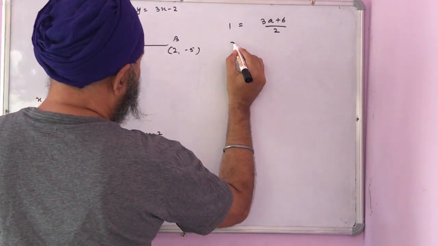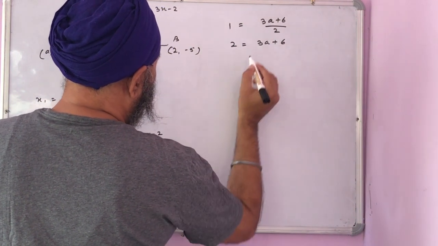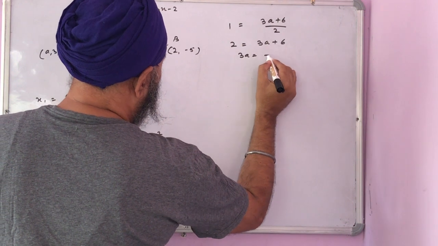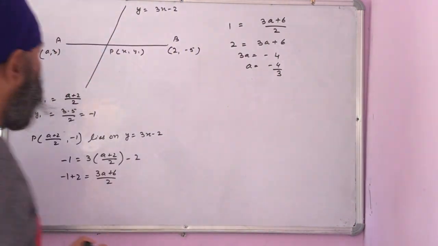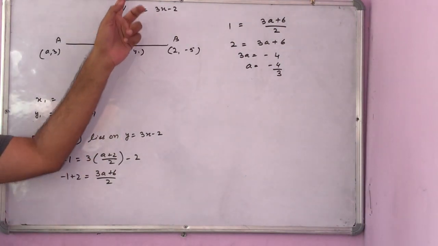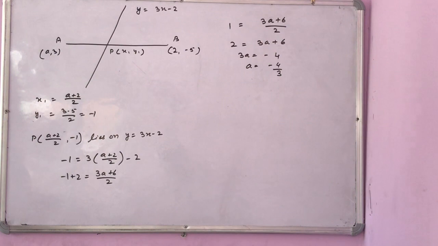Then cross multiply: 2 is 3a plus 6. 3a is equal to minus 4. a is equal to minus 4 upon 3. So because P lies on this line, a will be minus 4 upon 3.